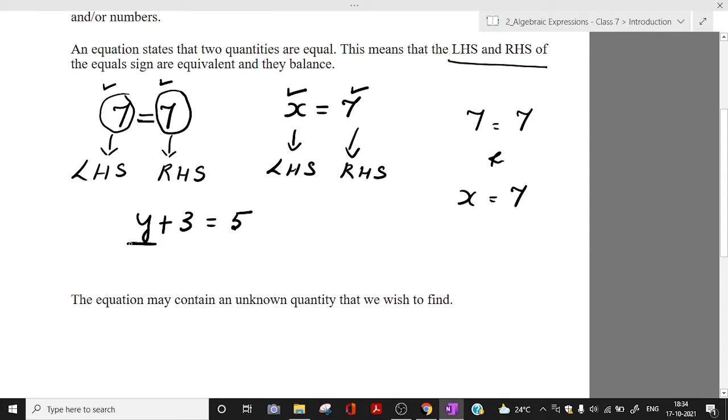One, we have y, which is an unknown variable. Then we have 3, which is a number, and then we also have 5, which is a number. When we say y, that means y can take a value. So the equation may contain an unknown quantity that we wish to find.